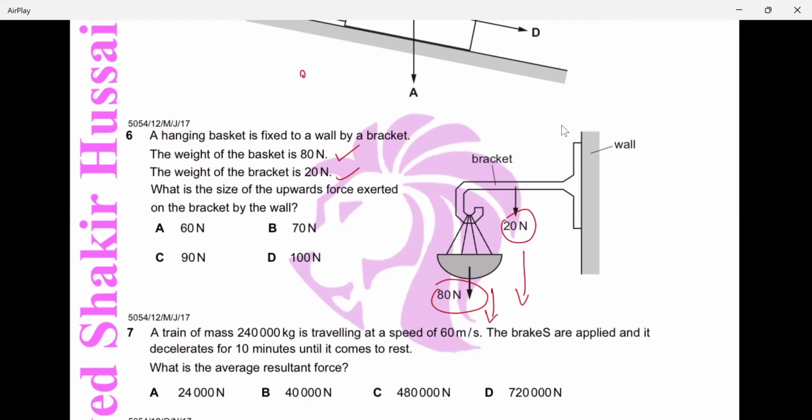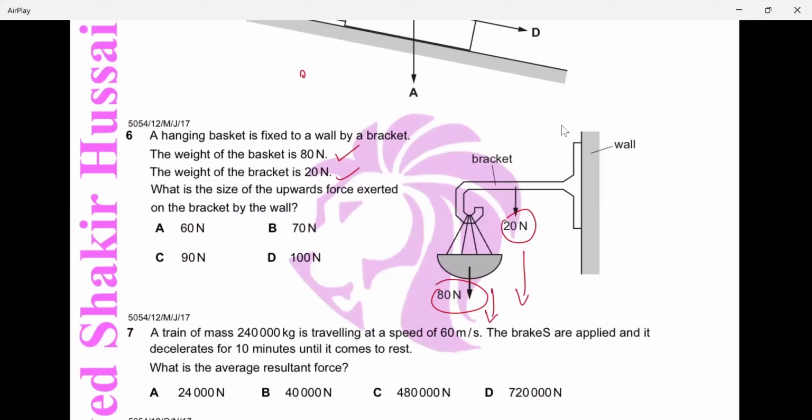And it's balanced, right? It's not moving, so what would be the total upward force? There's no wait. I'll read the question again. So there's no upward force there.